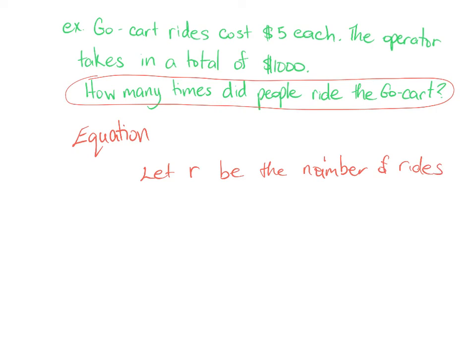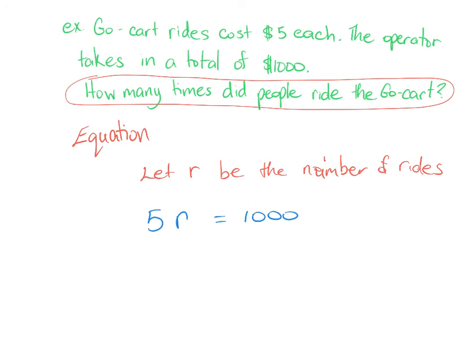Okay, cool. So now we know the number of rides is R. We don't know what that number is yet, but we know it's R. And we also know that each of those R rides costs $5. So if you take 5 and multiply it by R, you get the total amount of money earned. And that is the equation that we're looking for.